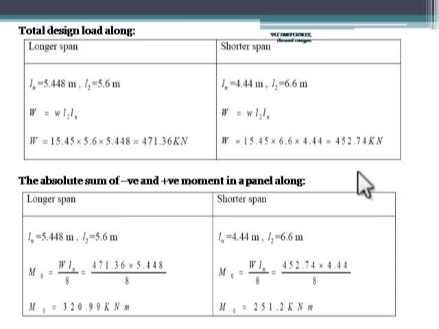Then we have to find the absolute sum of negative and positive moment in a panel along longer span as well as shorter span. So with Ln and L2, we have the formula MO equal to W Ln by 8. So we got the moment equal to 320.99 kilonewton meter for longer span. For shorter span we got 251.2 kilonewton meter.